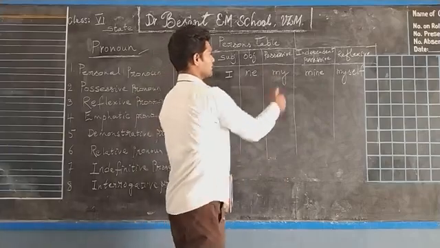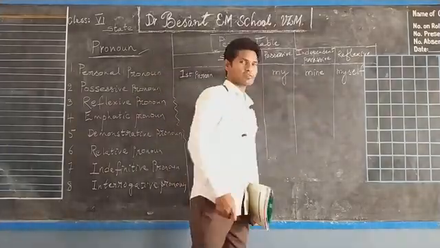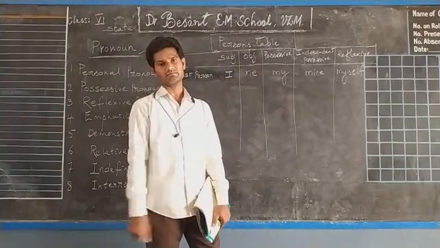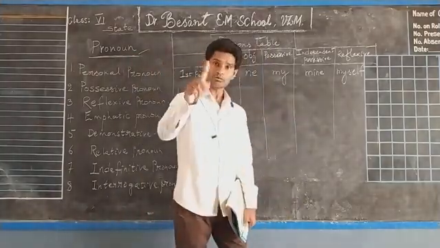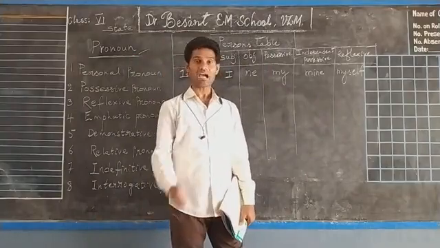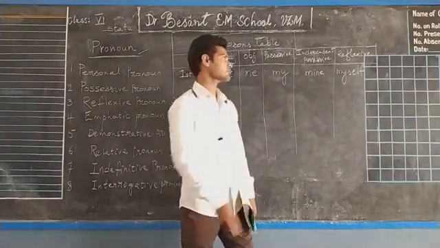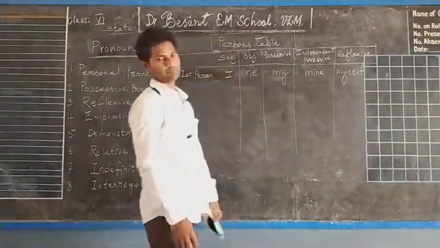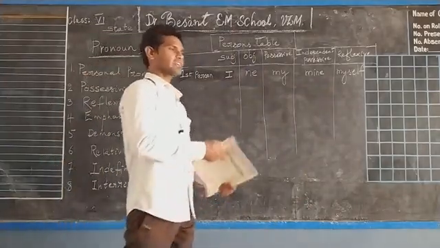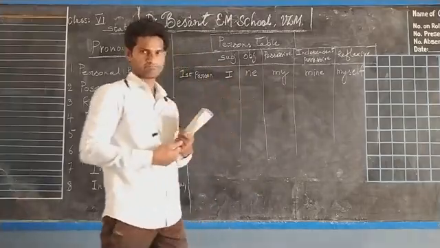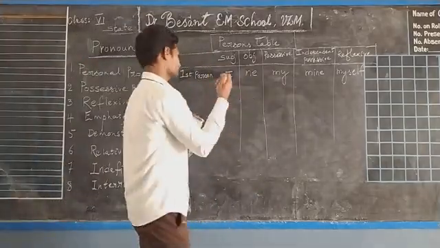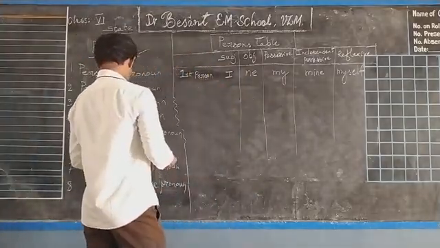So possessive is my, and independent possessive is mine. It is mine. So I will do it myself. This is the reflexive case. Reflexive means the action reflects, shows the same person.